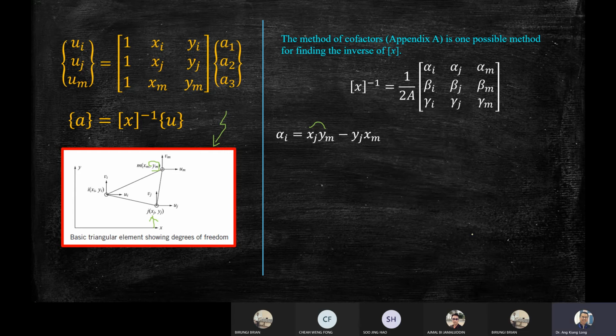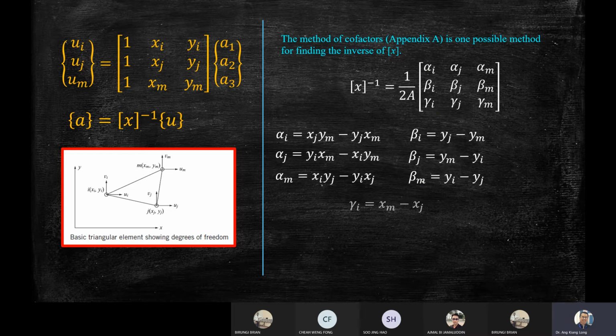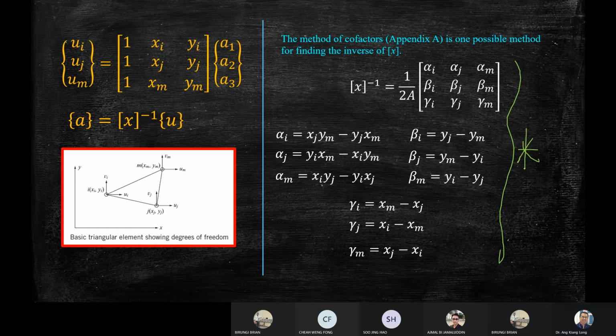Clear? All of you clear? I don't expect you to memorize, but at least you know where to find all these equations. I showed you the first one. These are all the equations for the 9 numbers here. This is an important slide. Anyone have questions? What is xi? What is xm? If you don't understand, ask me now. No?